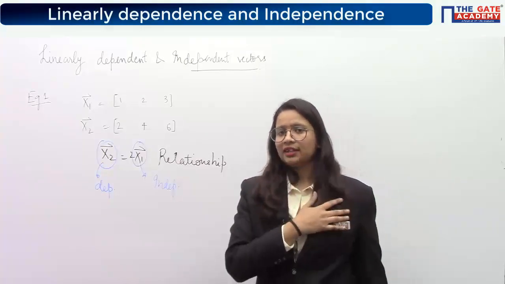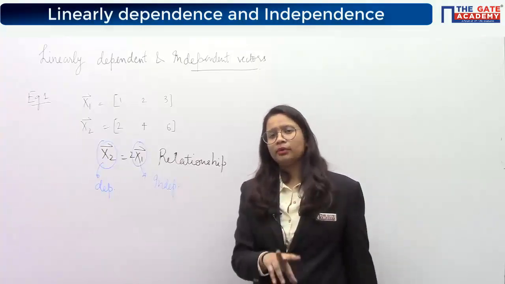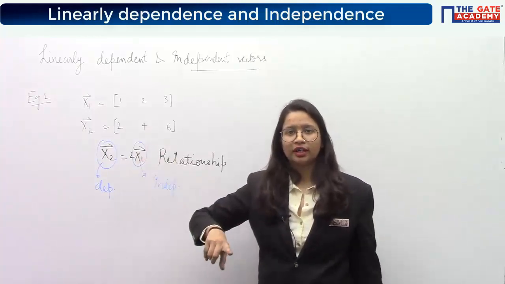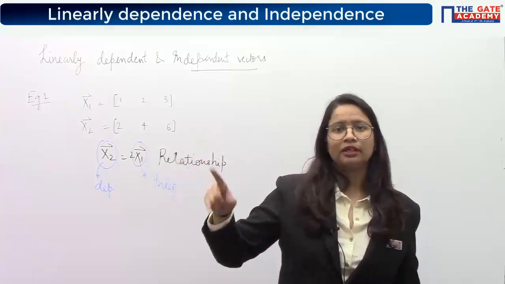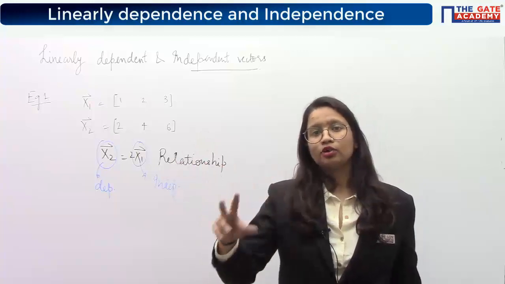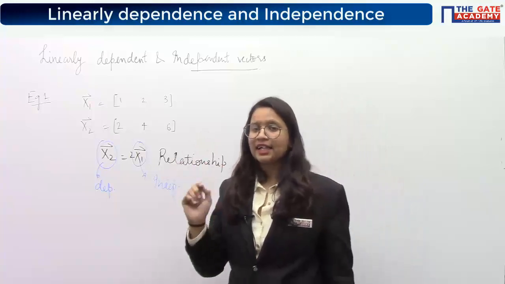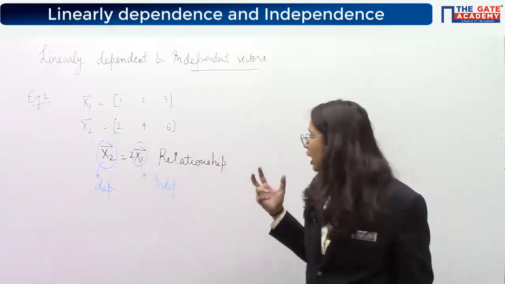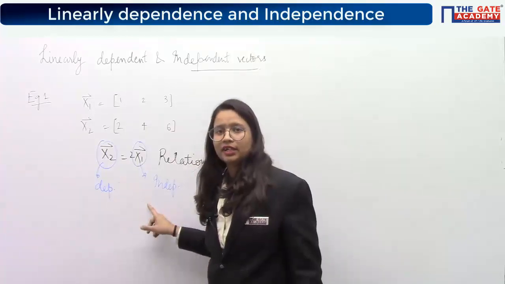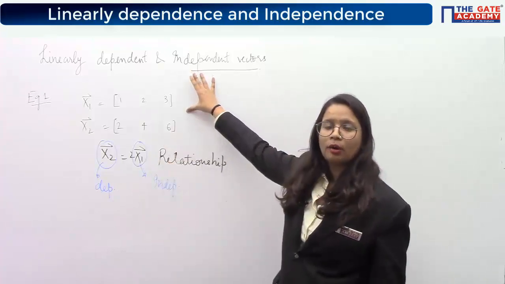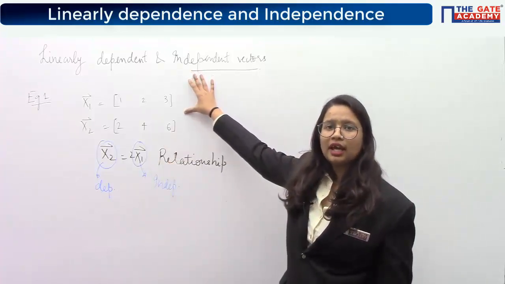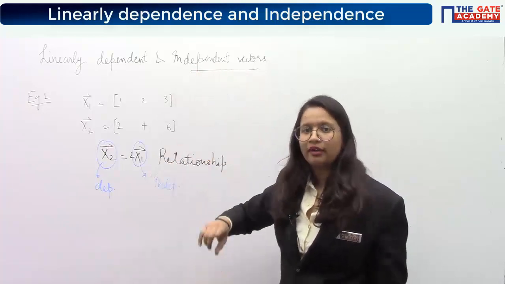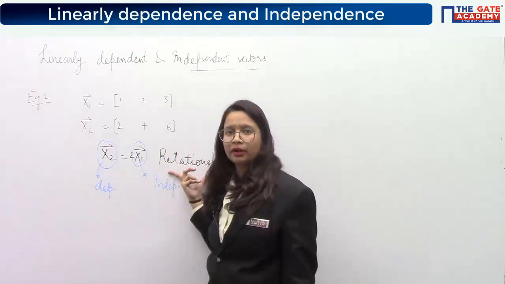So can I say that if two vectors can be written in a relationship like this, meaning if one of the vectors can be expressed as a multiple of the other, then the two vectors are said to be a set of linearly dependent vectors. I have told you one is dependent, one is independent, but as a whole, if I talk about this set, then what will you say? That this set is a set of linearly dependent vectors, as there is a relationship among these two.